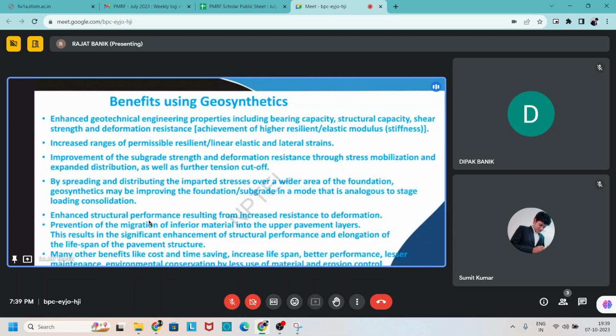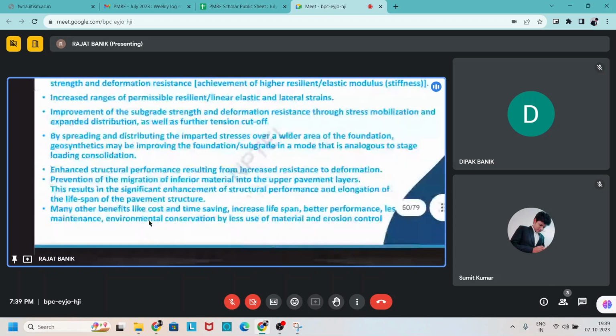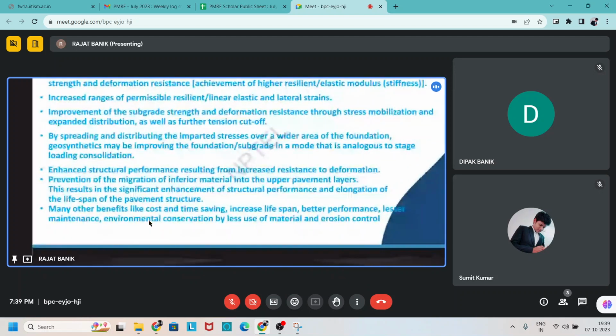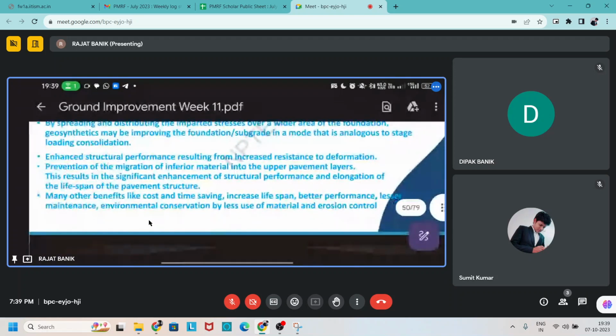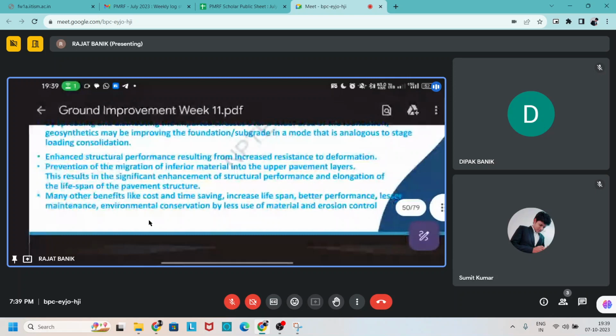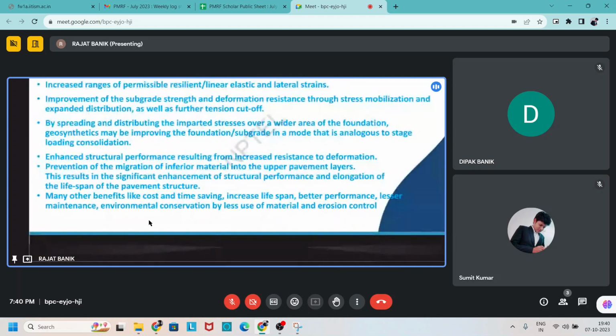This results in significant improvement in the structural performance and elongation of the lifespan of the pavement surface. There are many other benefits like cost and time saving, increased lifespan, better performance, lesser maintenance, and environmental impact, less use of materials, and erosion control.